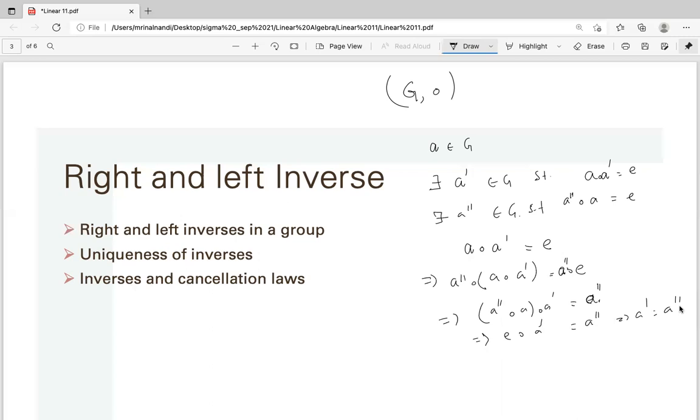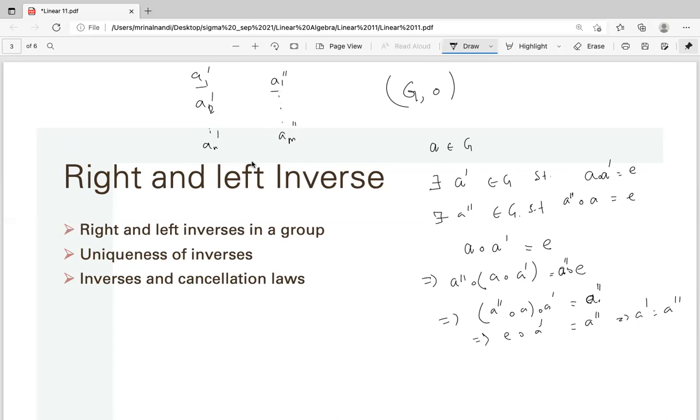But it doesn't prove that the right inverse is unique. It proves that left and right are equal. Now you can easily prove that all the lefts are equal and the rights are equal, and they are a unique inverse. Why? Say you have n right inverses and m left inverses.